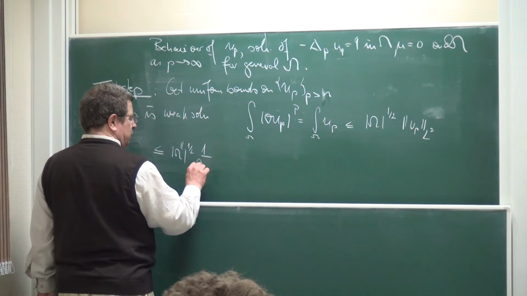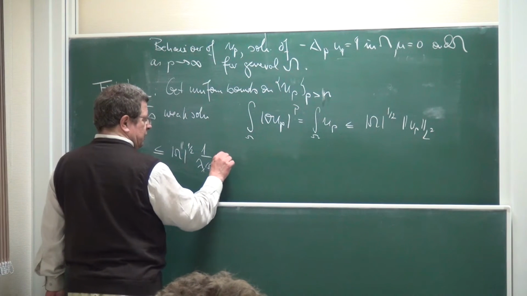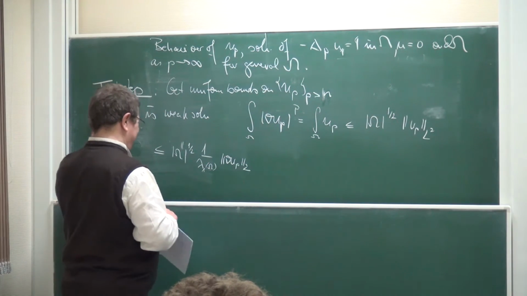So this is 1 over the square root of the first Dirichlet eigenvalue of omega times the gradient of u_p in the L2 norm.